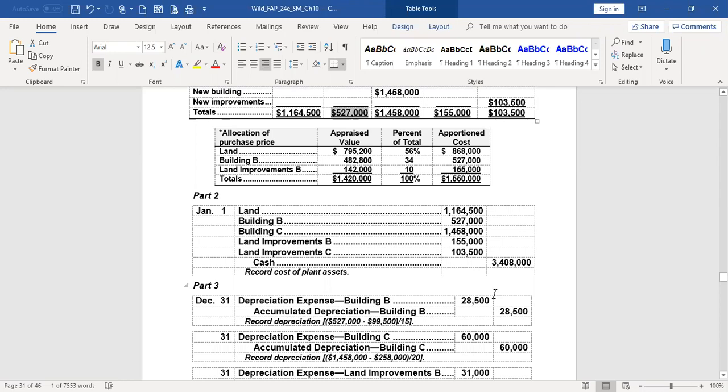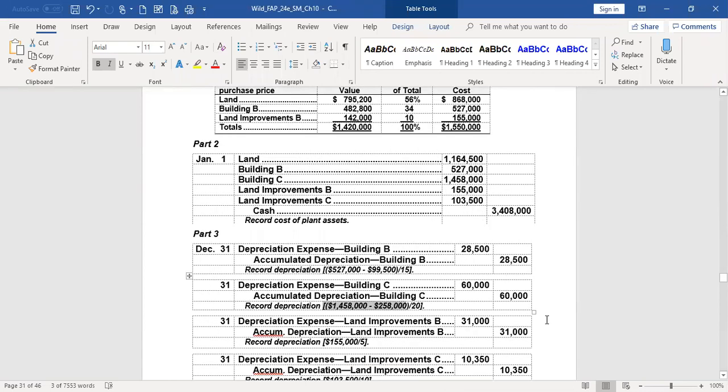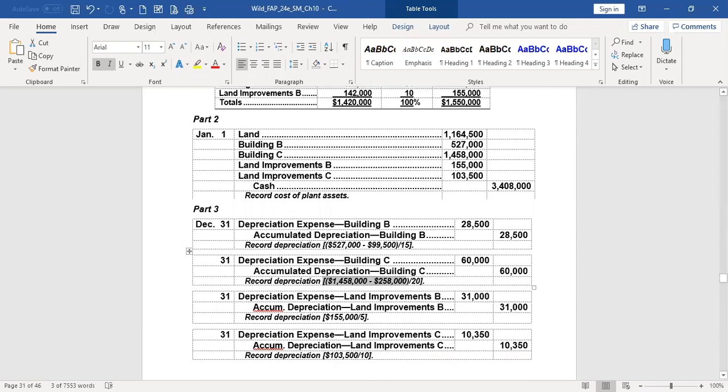I'm going to do the same thing with building C. Now on the top of page 391, they told me building C will have a $258,000 salvage value. So cost minus salvage value, and a 20-year life divided by 20. So $60,000 a year. So I'll debit depreciation expense, credit the accumulated depreciation for building C. Land improvements B. They are expected to have a 5-year life and no salvage value.